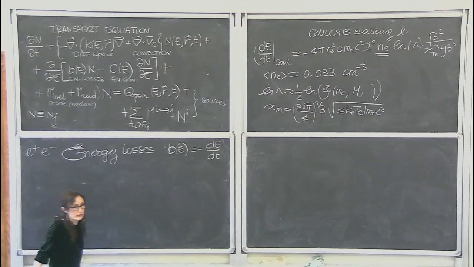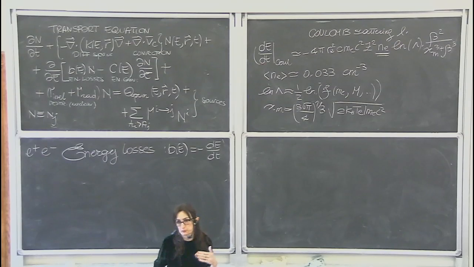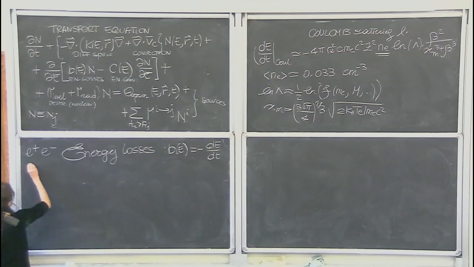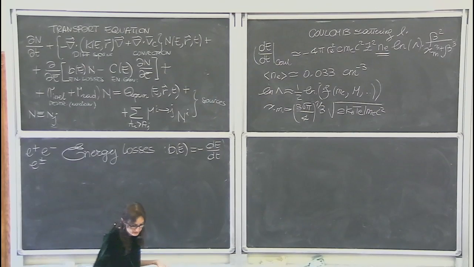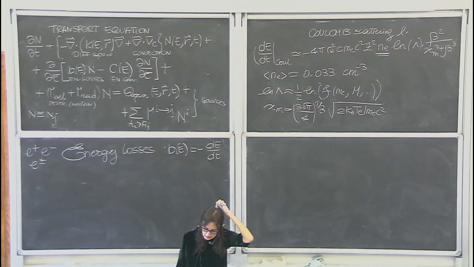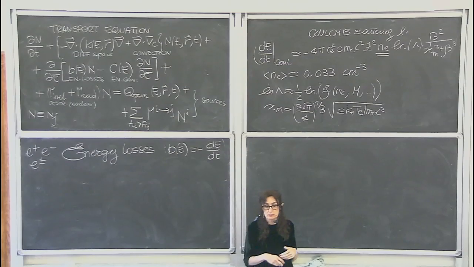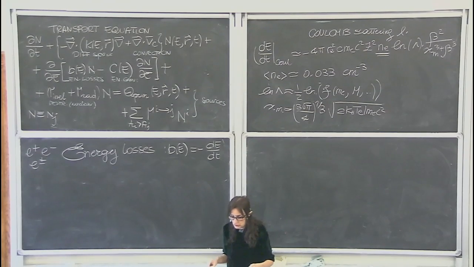In the following, I will often say simply electrons, but of course, anything is true for both e plus and e minus. They just have a charge difference. These particles, differently from nuclei, are dominated by energy losses. So e plus, e minus suffer very violent radiative cooling. So they lose energy because they radiate enormously.